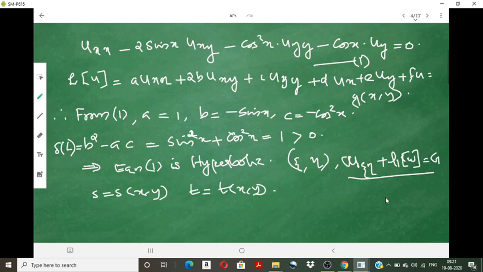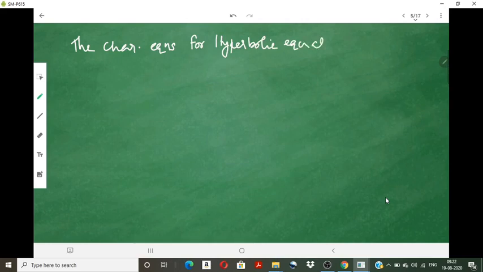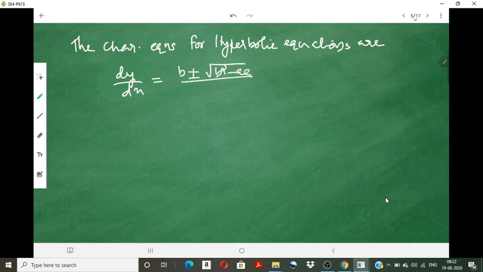So first of all we have to find s and t. We will take this s and t from the characteristic equations. So the characteristic equations for hyperbolic equations, in the general case, are dy by dx is equal to b plus or minus root of b squared minus ac, by a.